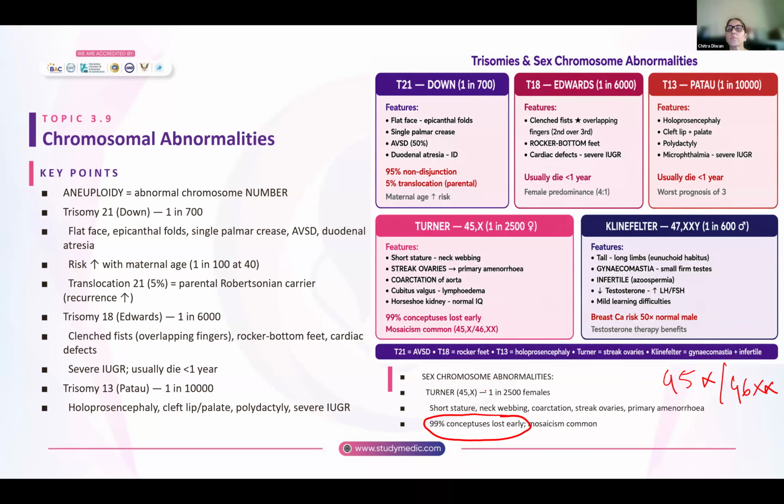The other thing that you have to remember about Klinefelters is the risk of CA breast, there is gynecomastia that is seen in Klinefelters. So they have a high risk of CA breast as compared to other normal males. And these males who have Klinefelter syndrome, because they have low levels of testosterone, because it is primary testicular atrophy, they benefit from testosterone replacement therapy.